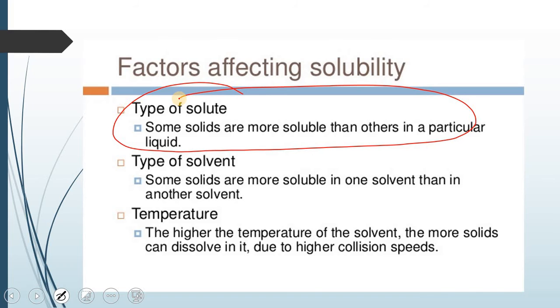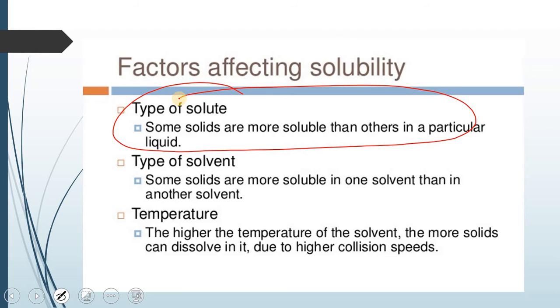for example, if you don't use water, you use maybe contohnya air syrup or whatever kan, there are some solutes that can't dissolve inside that solvent. For example, maybe in air syrup tu boleh lah you dissolve sugar, but then maybe there are chemicals that can't be dissolved in air syrup.